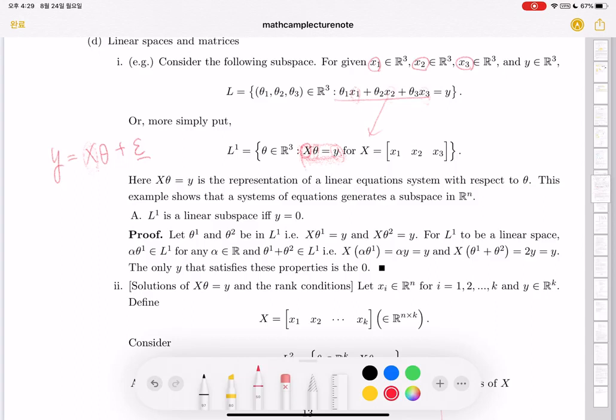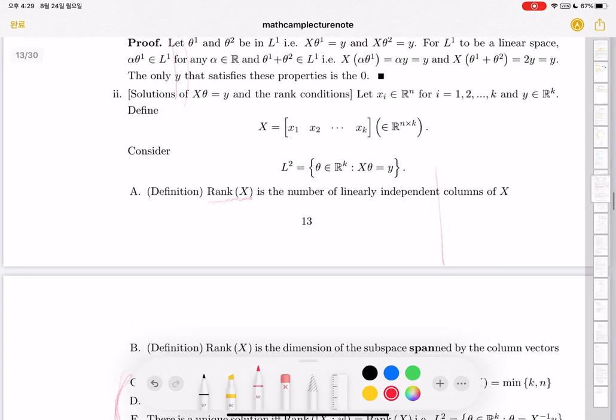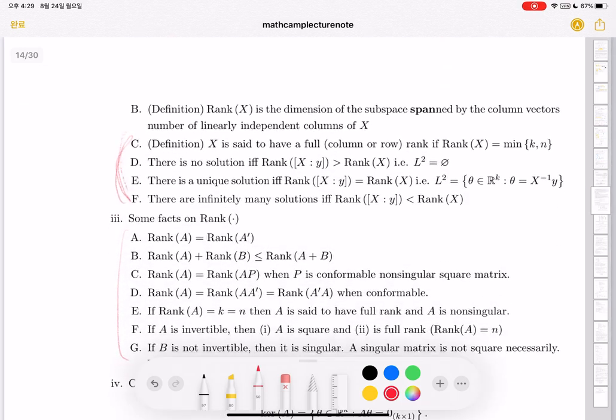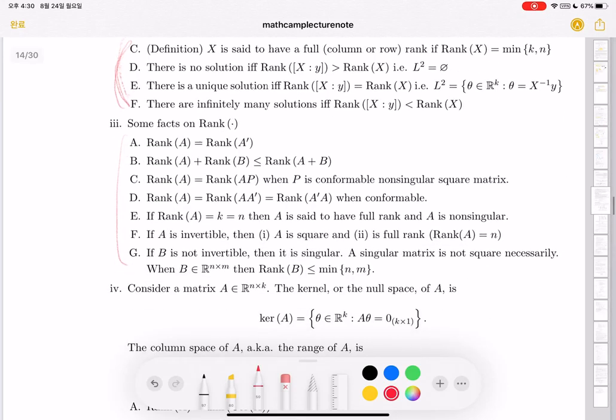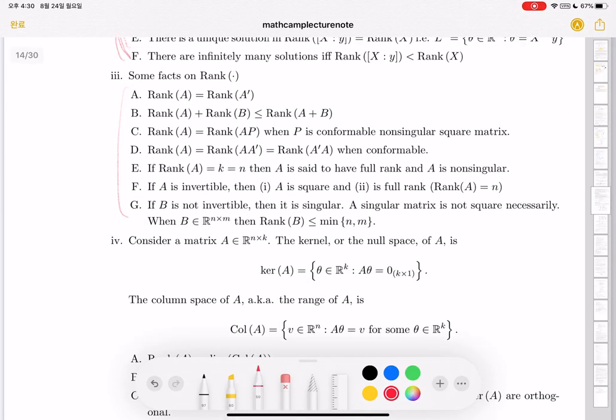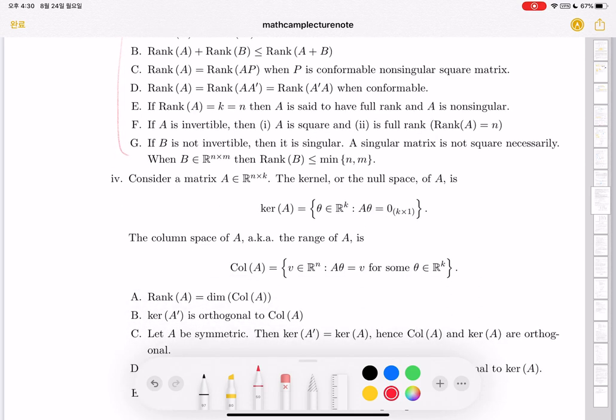You need to think a little bit more carefully. But understanding of these conditions will give you a basis for understanding linear regression later. And the understanding of the concept of rank is important. Okay.